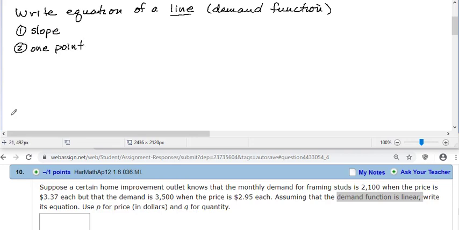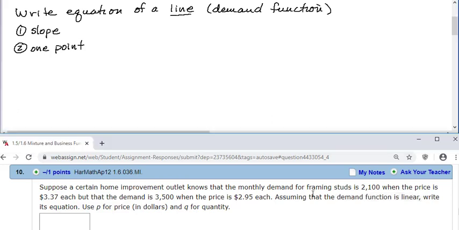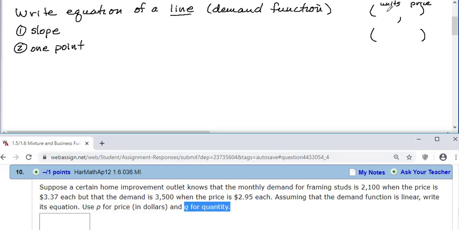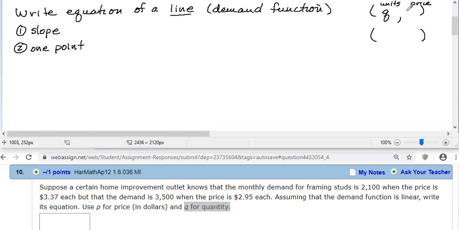Well, first I have to get some points, so I need to take the data and organize it into points. And generally, we put units in the x-coordinate, and then price will be in the y-coordinate. So for the units, I'll call that Q. They want Q for quantity, and price they want called P.